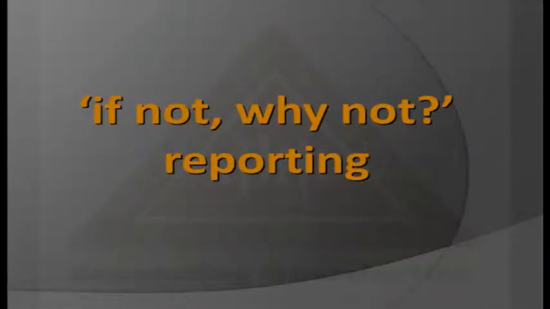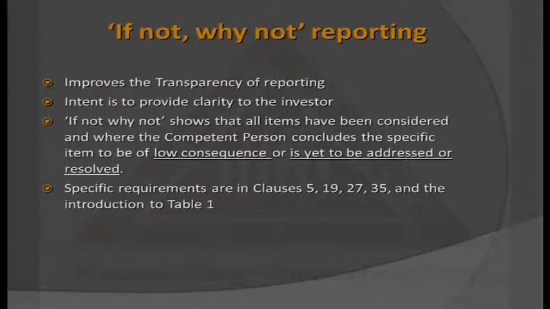And then the if not, why not reporting, I think we've made that quite clear, that it's on the basis that you can't mislead by omission. Unfortunately, I think it's true to say that any code, any sort of legislation has to be drafted in the context of capturing the rogues, as opposed to the majority of people who report in the spirit of the code.